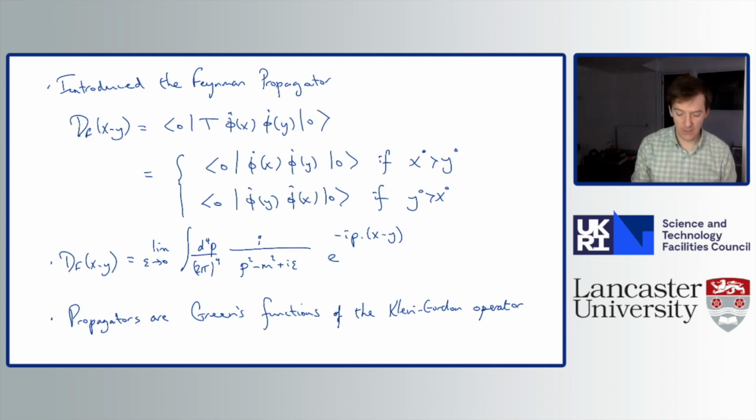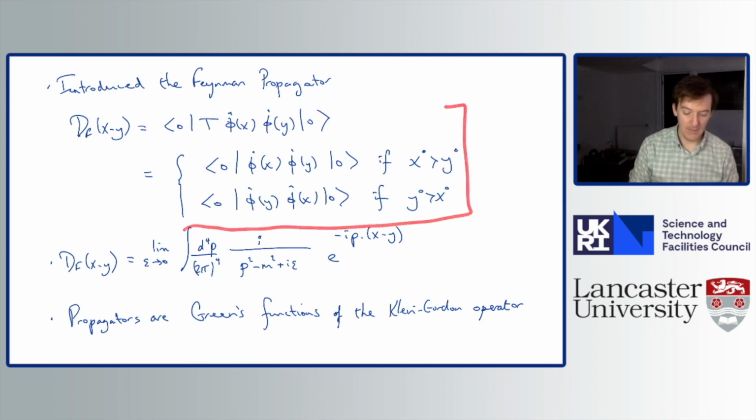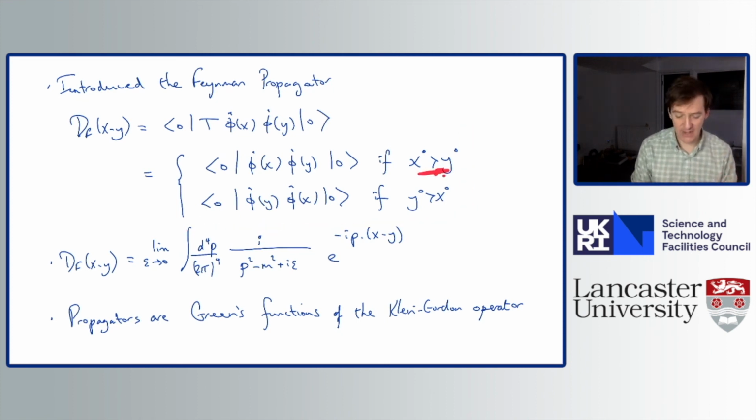This symbol simply means what we've written in the line below. If x naught, the time component of x, is greater than the time component of y, we have this particular ordering using the expression above. And if y naught is greater than x naught, we end up with the form where these operators are swapped.